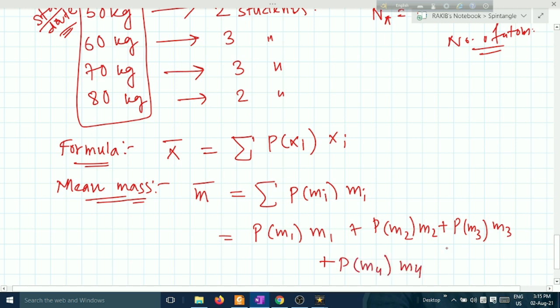As we have 4 categories, that's why I have written only 4 terms, okay. Here we have 50 kg category, 60 kg category, 70 kg category, and 80 kg category.